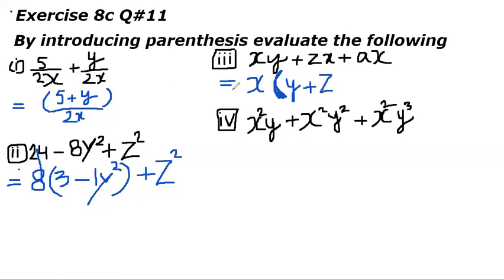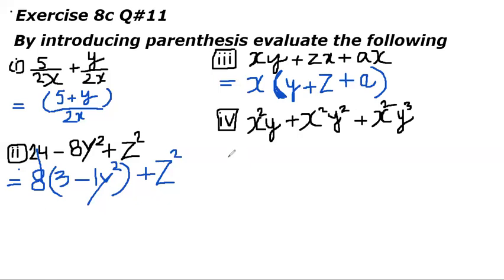Why is x outside? Because it is a common factor in all the three terms. Again, ax: x is outside and a will be written inside the parentheses. Students, my writing is not that good because it's very difficult to write on this Zoom whiteboard, so you have to compromise on my writing.